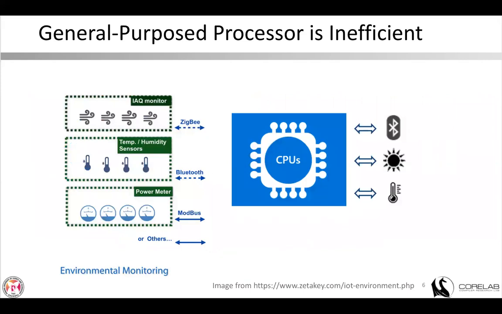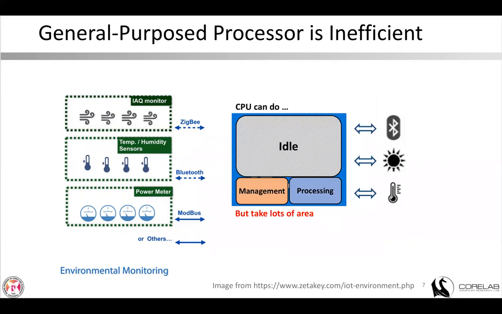However, using a general-purpose processor brings bad performance, both in silicon area and energy efficiency. The main functions of embedded devices are peripheral management, thread management, and data processing. The CPU performs only these three simple roles using a large area, and causes a lot of power consumption due to the nature of embedded devices that are constantly turned on.